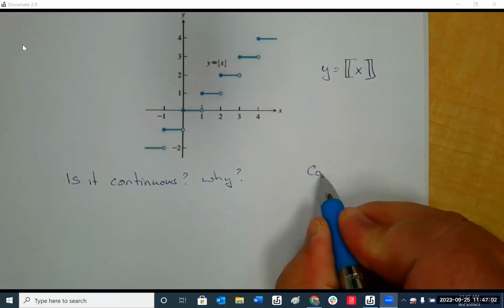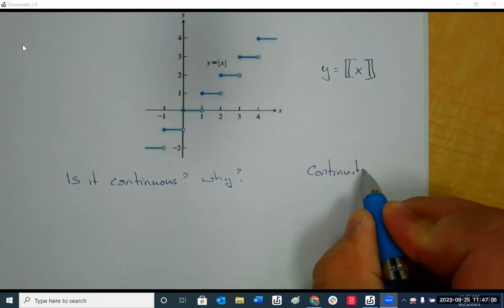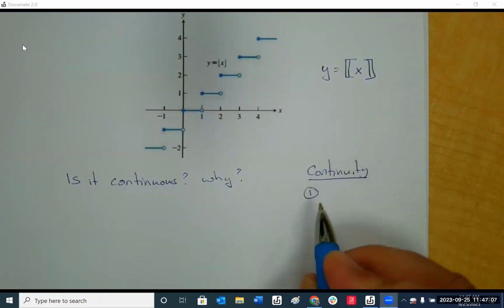to prove continuity, what are our 3 conditions?